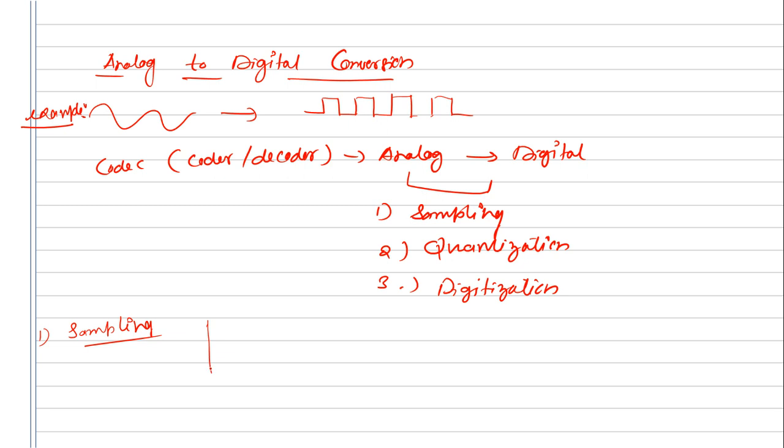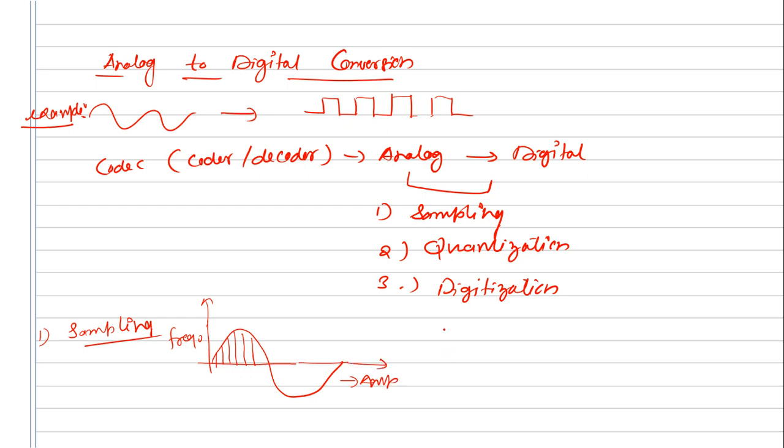For example, let's say I draw a picture of a sine wave. We have to sample it at regular intervals. Let's say you have a certain frequency, and these are your amplitudes.